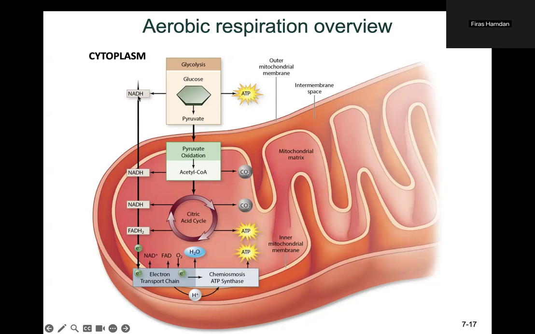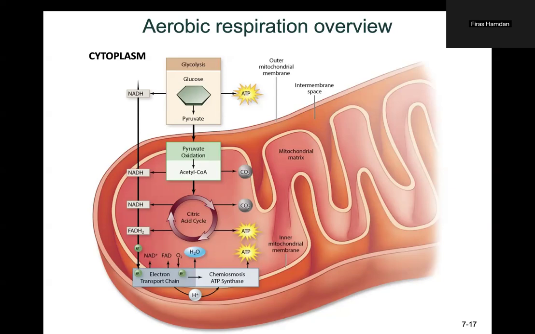But now we have all of these electron carriers, this NADH, this FADH2, and something has to happen. By this point, we need to recycle them back into NAD plus or FAD, because there's a certain amount of NAD that we have in our body.